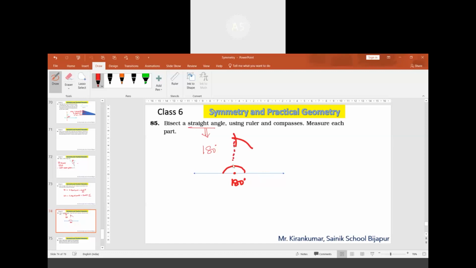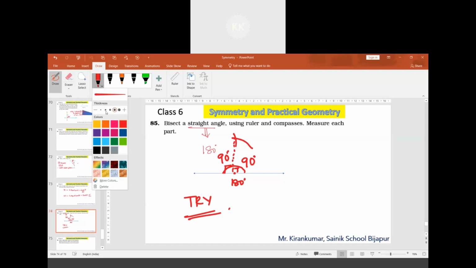Exactly here, you will get 90 degrees. So this side also is 90 degrees. Hope you will try this. It's not very difficult, this is a very simple question. A straight line will make a straight angle at a point on the line.